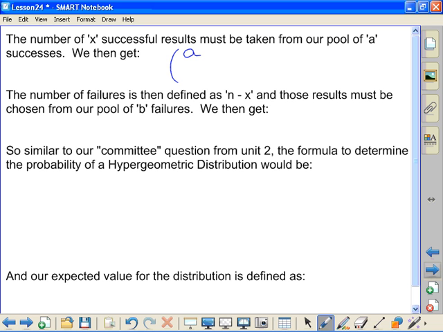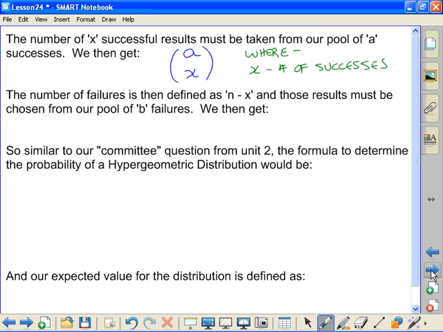Remember a committee question, hypergeometric is very similar to the committee question in the respect that there are A females or A number of males, whatever we're looking for, and we're going to pull x of them out. Okay, so out of the A, this is how many successes I want. So off to the side, where x is our number of successes. So do we want 3 spades? Do we want 3 females? Depends on the situation.